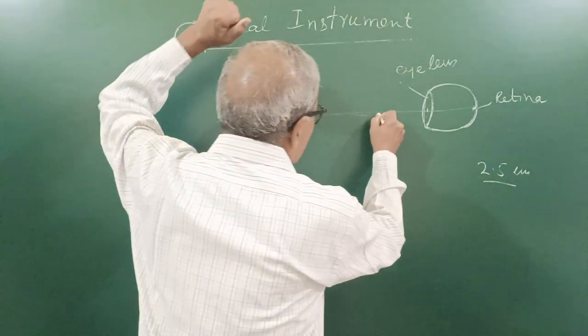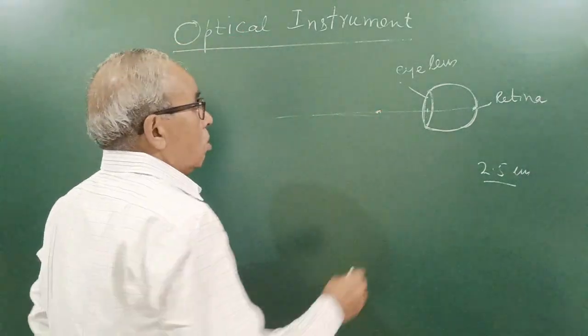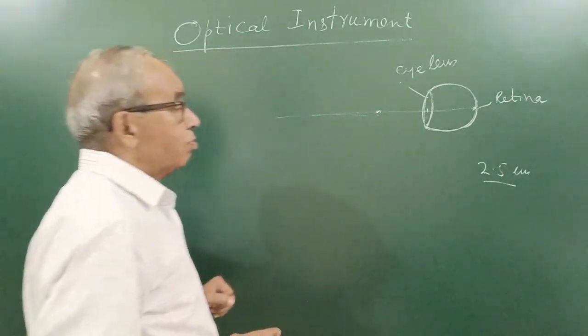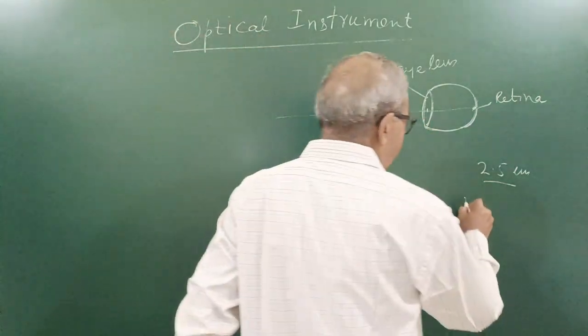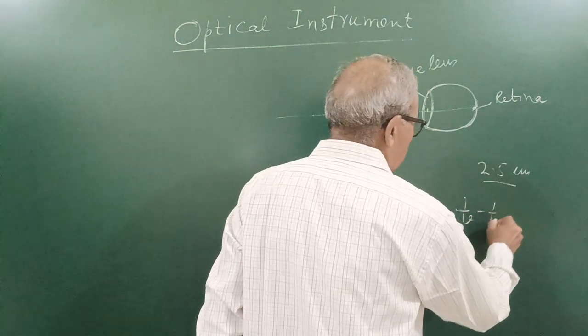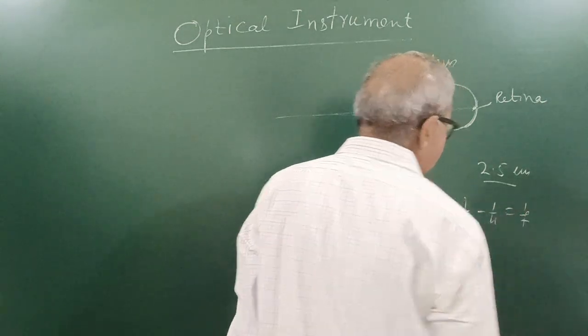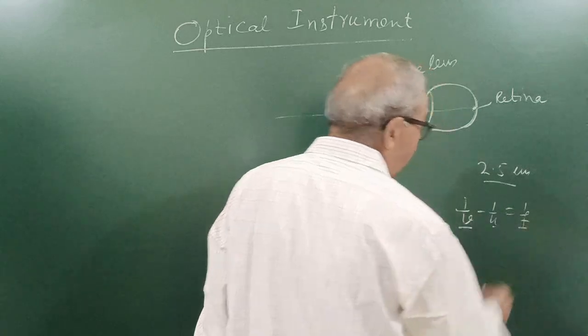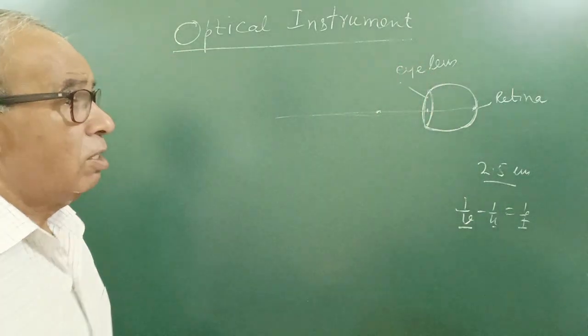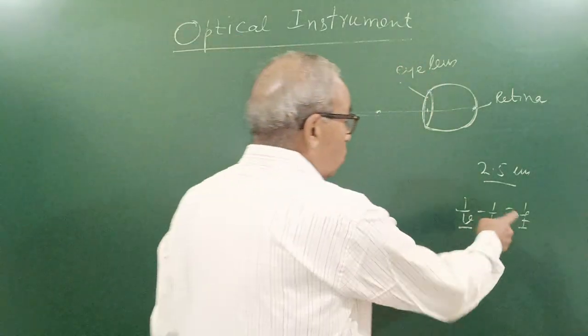As the object is brought closer, because the image distance is fixed, and by the lens equation 1/v - 1/u = 1/f, since v is fixed, as u changes, f also changes.